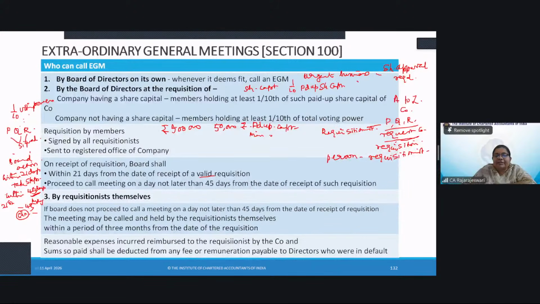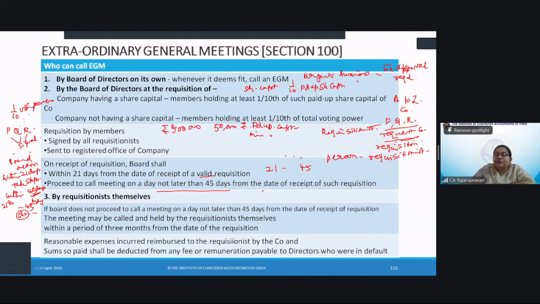That's why the wording is on a day not later than 45 days from the date of receipt of such requisition. So within 21 days it should take steps, and proceed to call within 45 days. It can call it on the 35th day, 40th day, or 44th day. It could be any day.